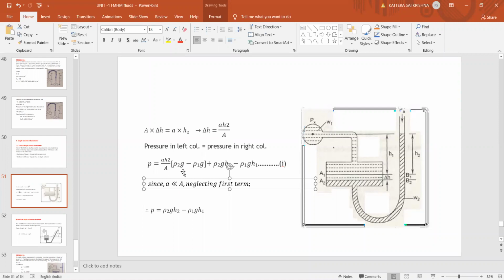So what are the terms we need to know? Delta H is the fall of heavy liquid in the reservoir, and H2 is the rise of heavy liquid in the right limb. H1 is the height of the center of the pipe above the datum line. Next, PA or PX is the pressure.